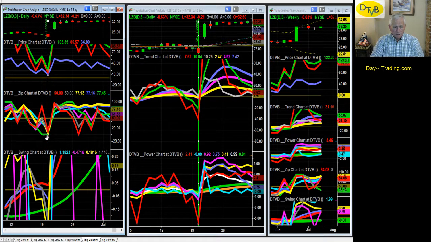Zip red goes from 87 yesterday before the green vertical line to 8 today. So it's almost 80 points it drops down, and that's a case of divergence.